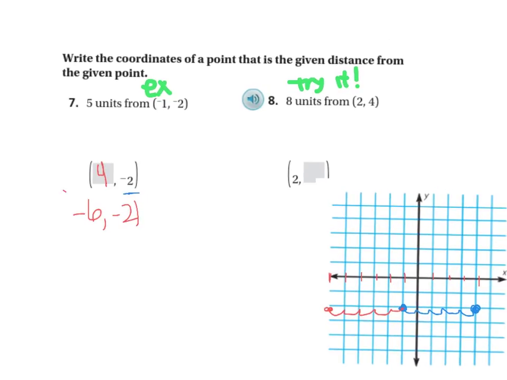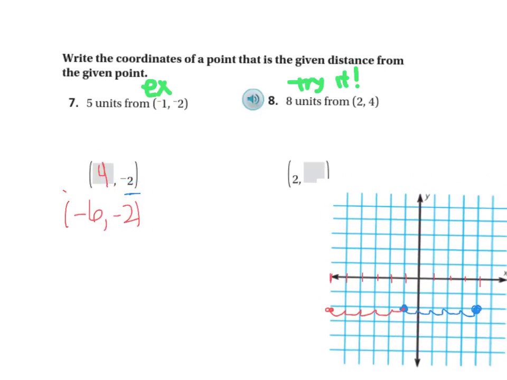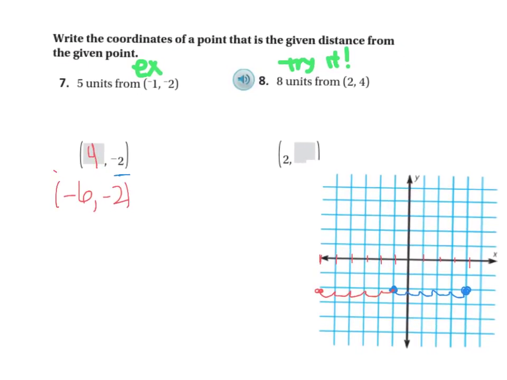Go ahead and try this next one on your own. Remembering there might be 2 answers that you could do. Whoa. Let's see if I can move that up a little. Okay. So on this one, 8 units from 2 and 4. So if I go across 2, up 4, 1, 2, 3, 4.